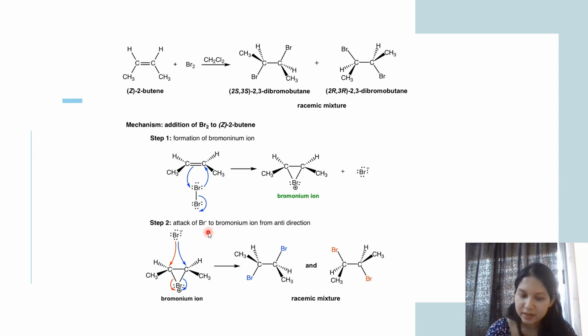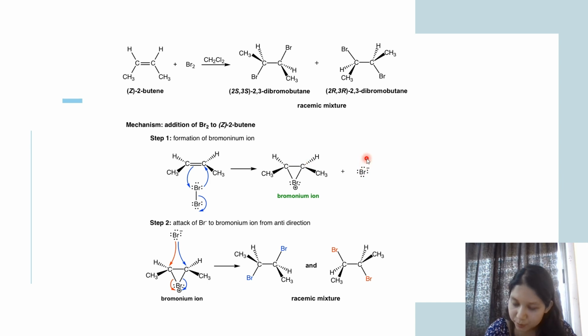In the next step, the bromide ion which was knocked out in the first step will come back into the picture, and it will attack the bromonium ion. That is, this bromide ion in the second step will attack the bromonium ion either from this side or from this side.